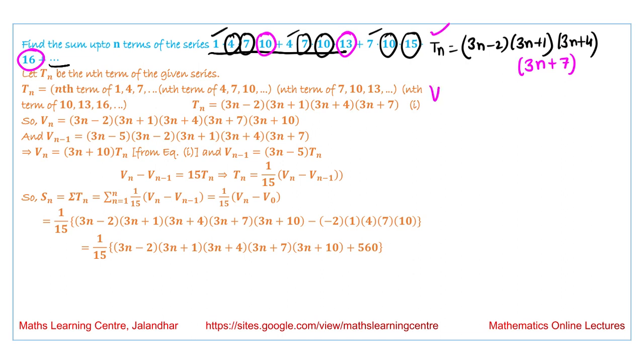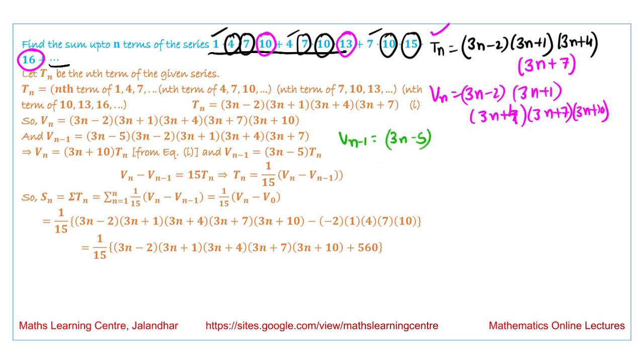If we write the value of Vn, we are adding an extra term to it. We get 3n minus 2 into 3n plus 1 into 3n plus 4 into 3n plus 7 into 3n plus 10. If we write the value of Vn minus 1, we get 3n minus 5 into 3n minus 2 into 3n plus 1 into 3n plus 4 into 3n plus 7.